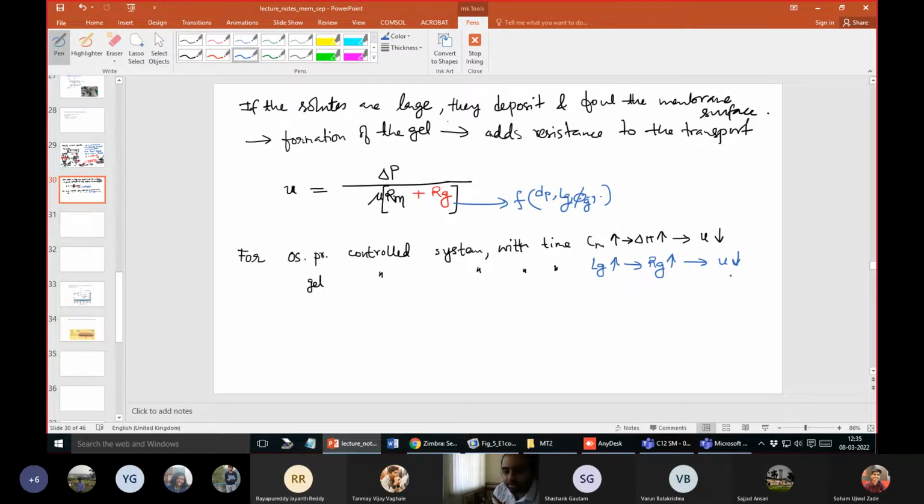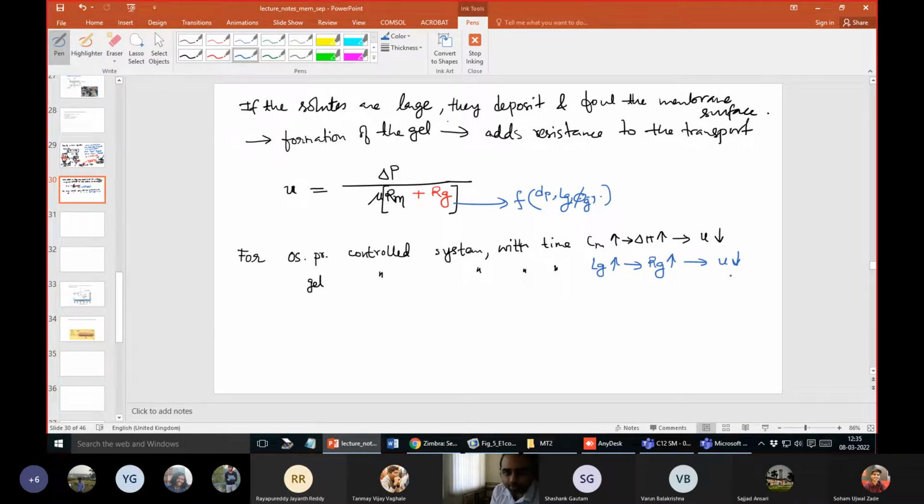And this is one of the classical problems in membrane science, that this fouling or this problem due to the additional resistance is sort of a necessary evil. Because to achieve a separation, this phenomenon can't be avoided. You cannot avoid this solute deposition or accumulation of the solutes which are getting separated over the membrane surface.